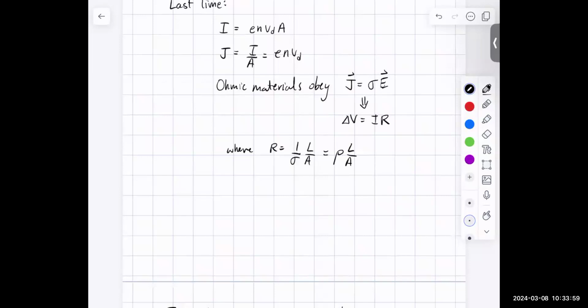So L is large and it's a skinny wire, A is small. That means the ratio of L over A is a big number, and so your resistance is big. They intentionally make the resistance of the wire in your toaster very large.